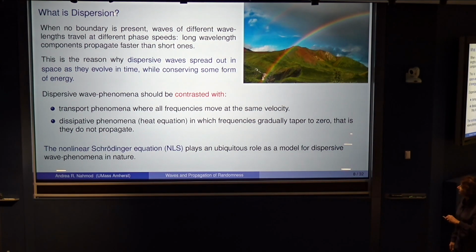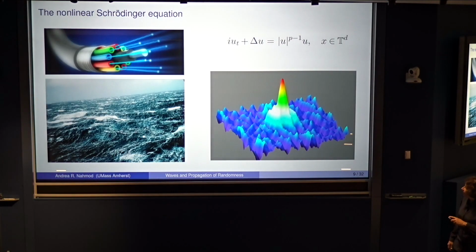The NLS is associated with nonlinear optics, water waves, Bose-Einstein condensates, right? Here I wrote the equation: i times the derivative of u with respect to time, plus the spatial Laplacian of u, two derivatives of u, plus the power nonlinearity. u is always complex valued, and p minus 1 is even, so every time you see this, you have a u bar being multiplied.